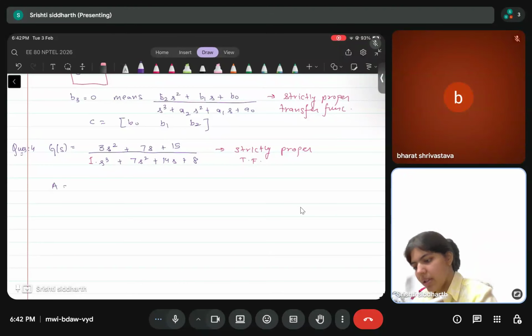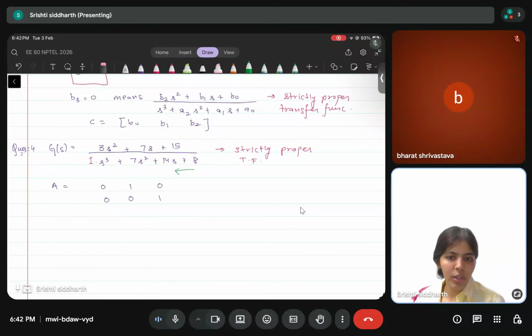So A in the first companion form is 0, 1, 0, 0, 0, 1, and then start in this direction and multiply the coefficients by minus 1.